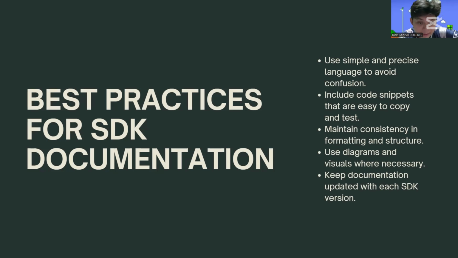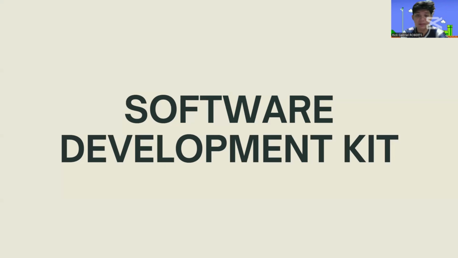Include code snippets: provide short, clear examples that can be easily copied and tested. Maintain consistency: keep formatting, terminology, and structure uniform across all sections. Use visual aids: diagrams, flowcharts, and screenshots help explain complex concepts. Keep documentation updated: regularly revise the content to reflect SDK updates and changes.